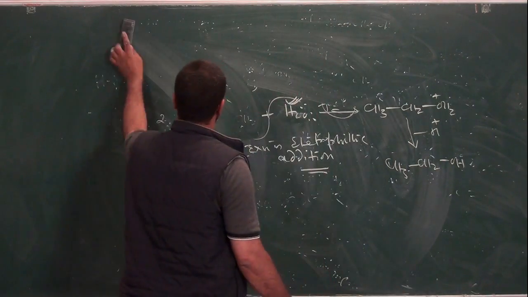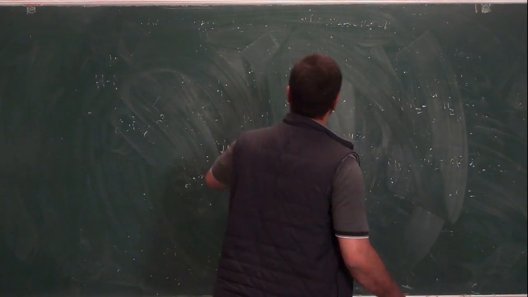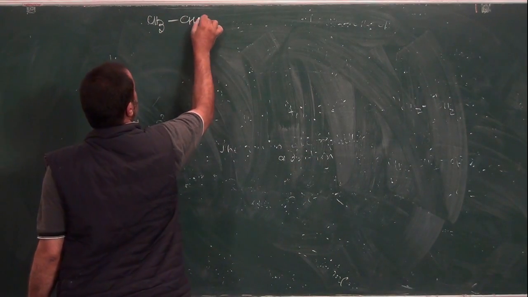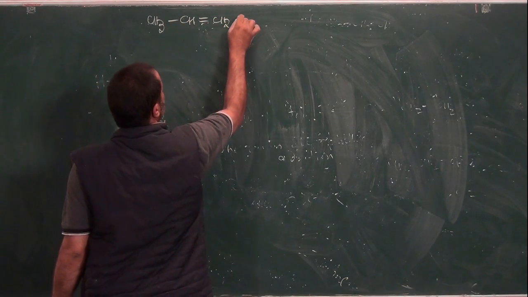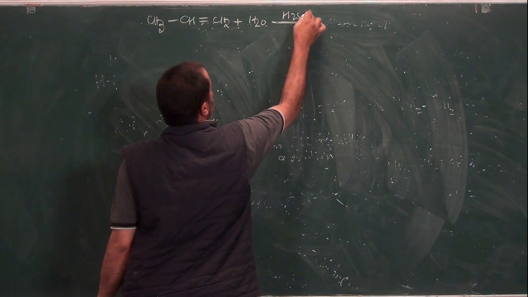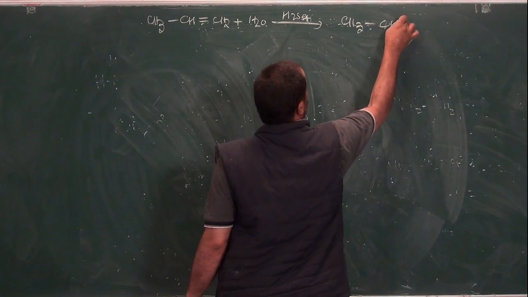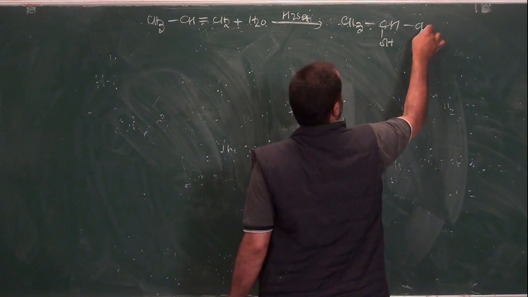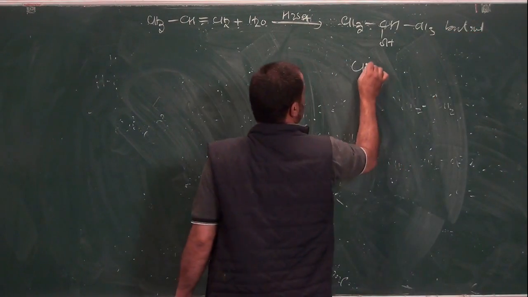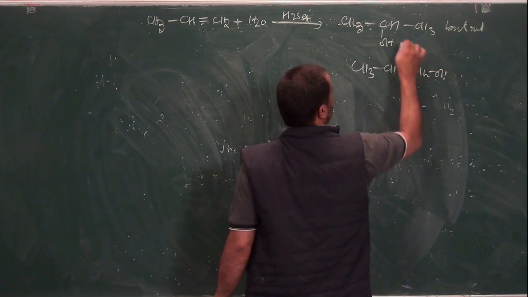Now maybe there is an unsymmetrical double bond, that is propene, CH3CH double bond CH2 plus H2O in presence of H2SO4. It gives CH3CHOHCH3, but not CH3CH2CH2OH.